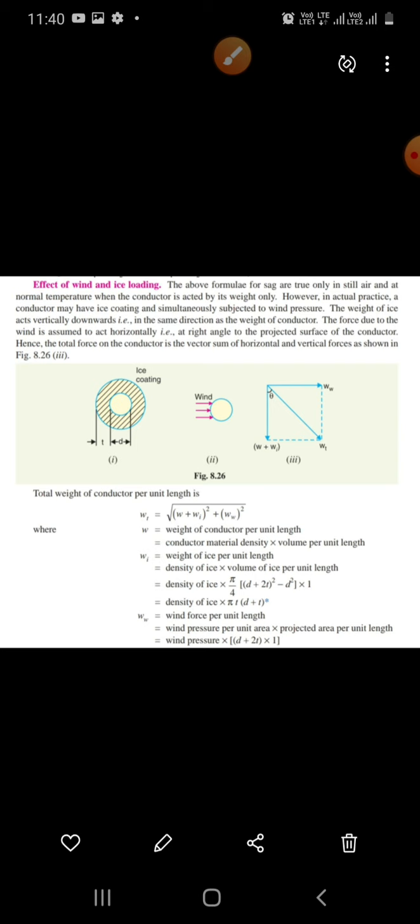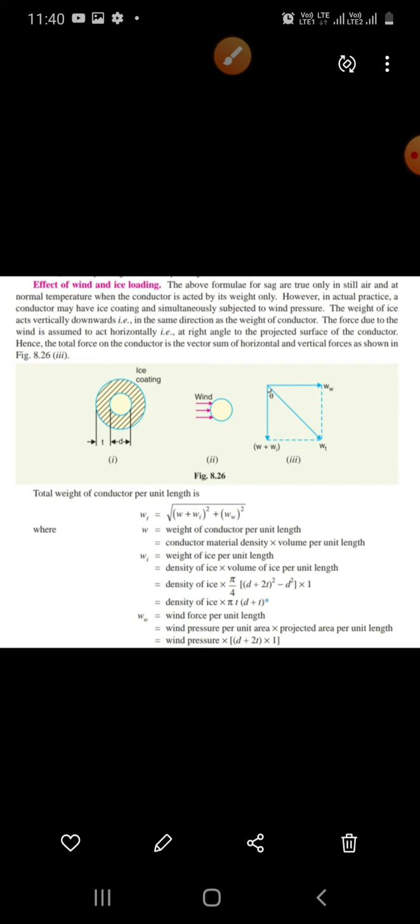First we have to find out the total weight of the conductor per unit length. According to the figure, we can write Wt is equal to root over of (w plus wi) whole square plus ww square.